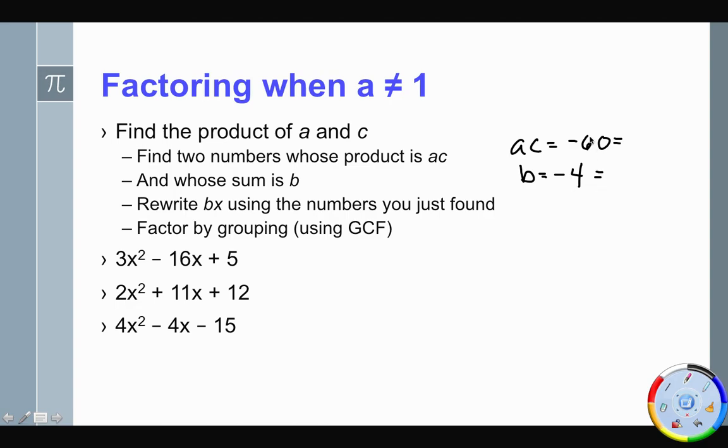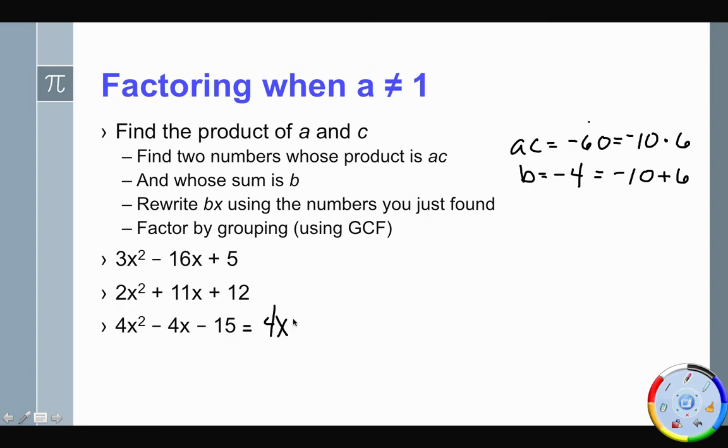So essentially I'm looking for two numbers whose difference is 4. I know 60 is 4 times 15. That doesn't help. But I know 60 is also 10 times 6. And since I want a sum of negative 4, I need a negative 10 plus 6. Those are the numbers I'm going to use.